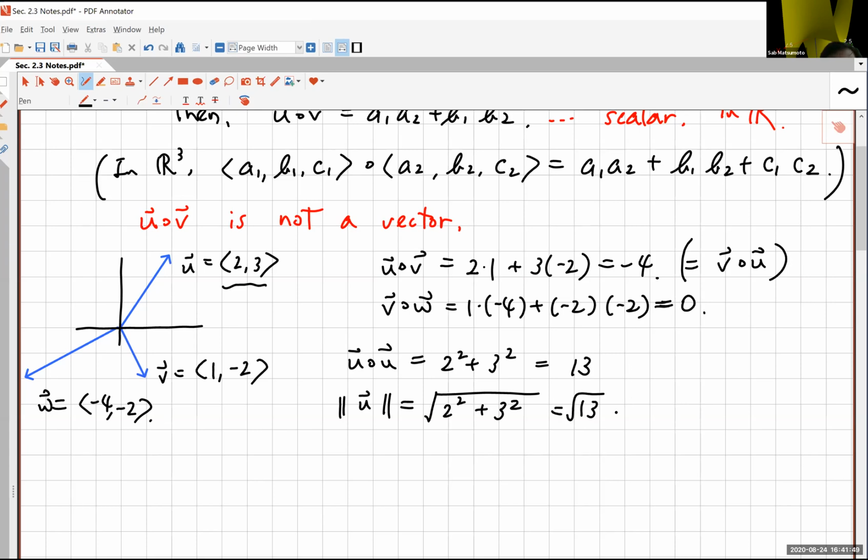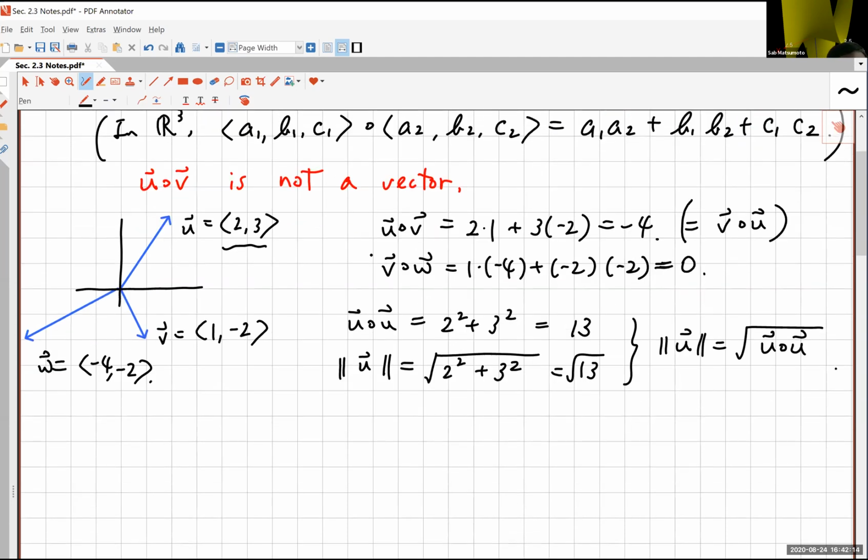I know this is just an example, but it's easy to generalize that for any vector u, the norm or the modulus or the length of a vector is simply the square root of the dot product of u with itself. In fact, in some abstract vector spaces, we use this as the definition for the length of a vector, because sometimes you may not be able to see a vector in higher dimensions.